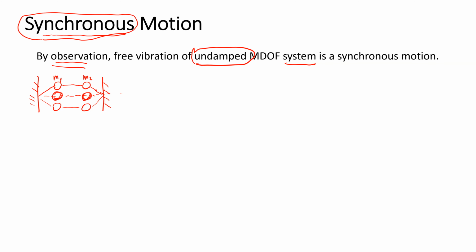Another possibility is that the masses M1 and M2 may arrive at extreme conditions, M1 here and M2 here.